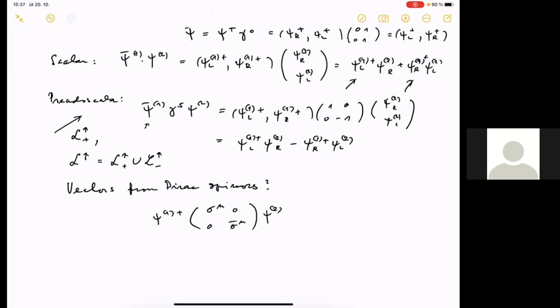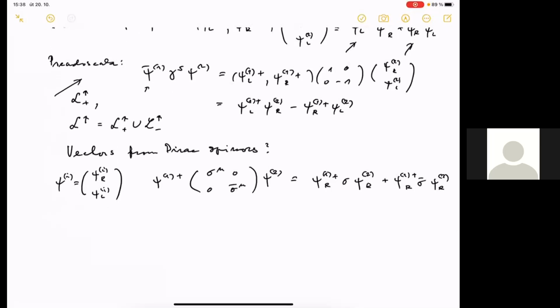If we again write psi I as a column of two components, the right-handed and left-handed components, we see that this is just the sum of the two vectors which we have formed from left-handed and right-handed spinors: psi 1 R dagger sigma psi 2 R plus psi 1 L dagger sigma bar psi 2 L.